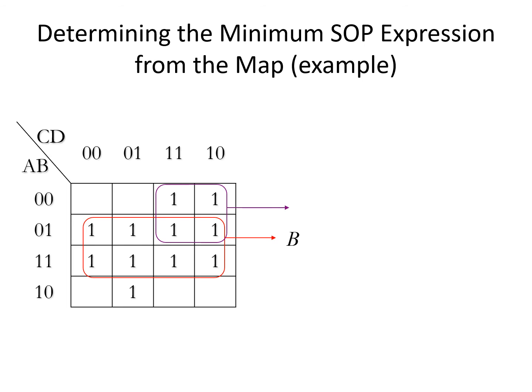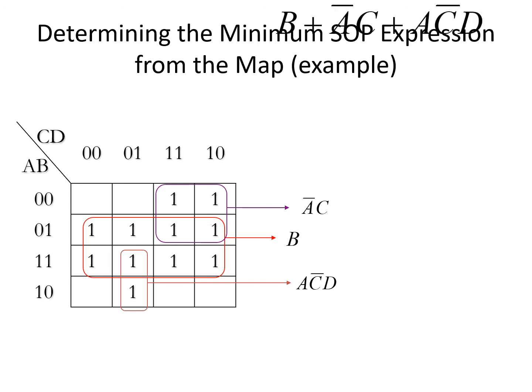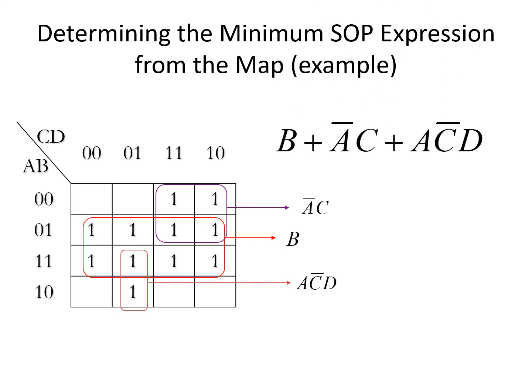Now, in a 4-variable K-map, a 4-ones group results in a 2-variable product, and this results in a 3-variable product. Finally, to get the minimum SOP expression, we have to write the sum term: B plus A bar C plus A B bar.